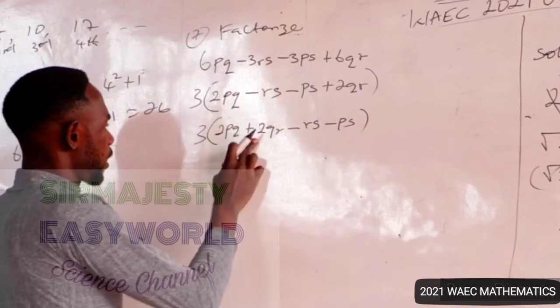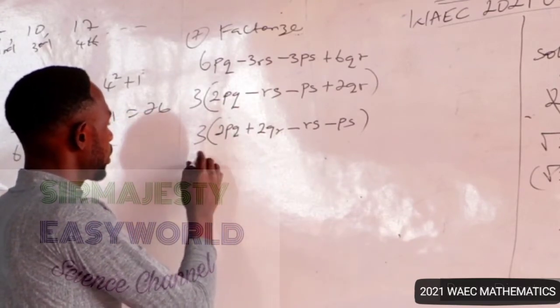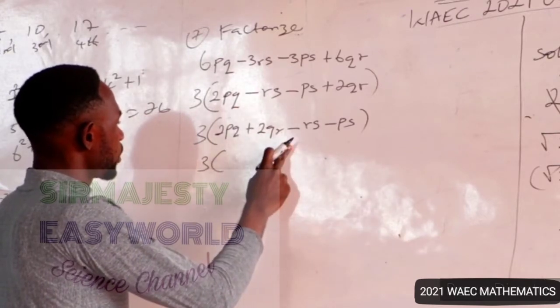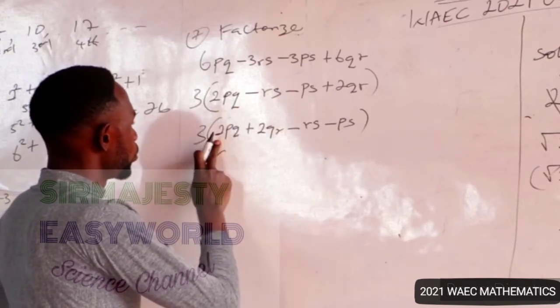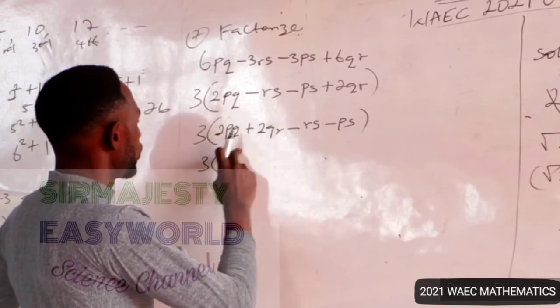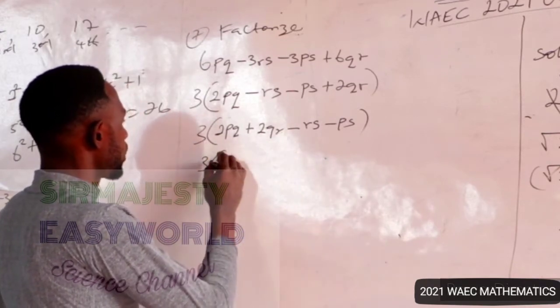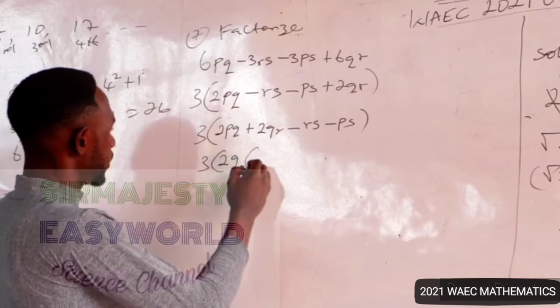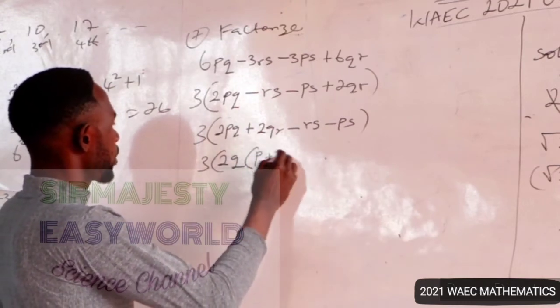Then we still have to factor again, sub-factorization. If you check 2PQ and 2QR, the common thing there is 2Q. 2Q is common, so we can now say 2Q bracket, P plus R.